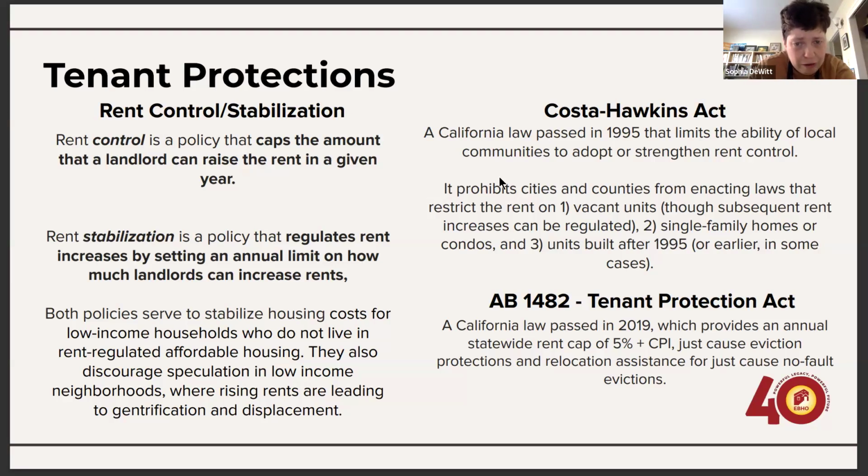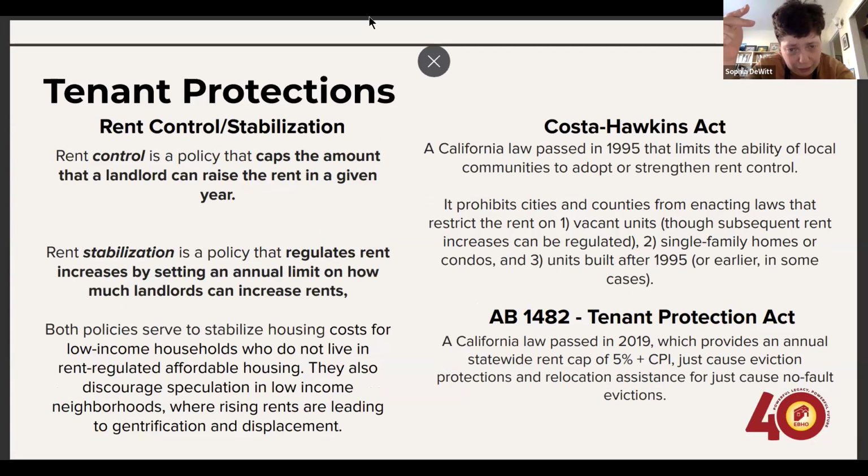This state law prohibits cities and counties from enacting laws that restrict the rent on vacant units, although subsequent rent increases on the new tenant who moves in can be regulated. It also restricts laws regulating rent increases on single-family homes or condos, and it restricts laws regulating rent on units built after 1995 or in some specified cases, earlier years.